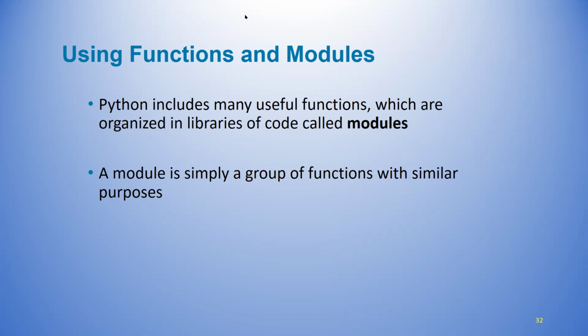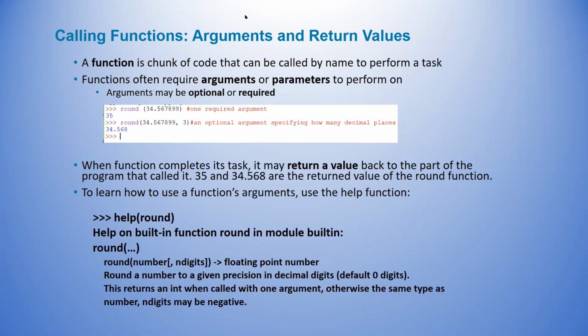That means they have similar purposes. So it's a group of functions with similar purposes. And you're basically organizing it to make it easily findable, searchable. Okay. So to call a function, we already discussed this, and we are just reviewing really. And Justin is a master of using the round function.